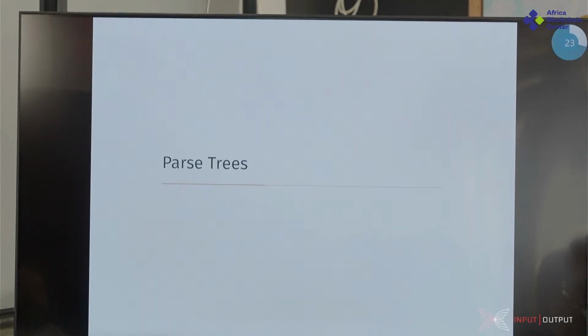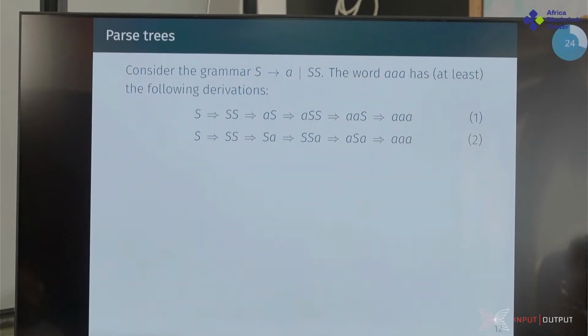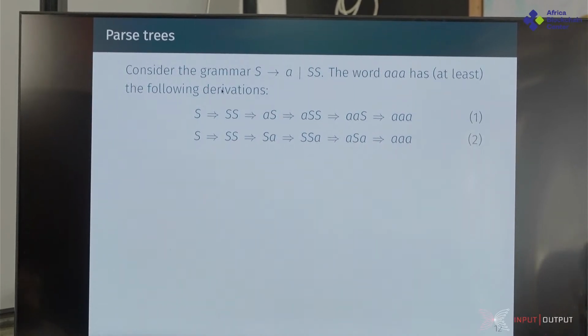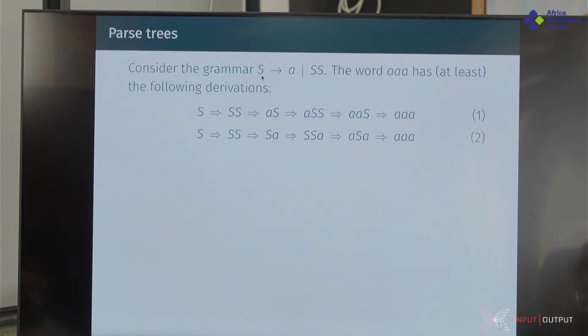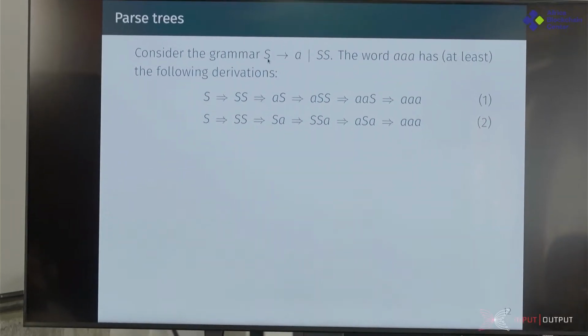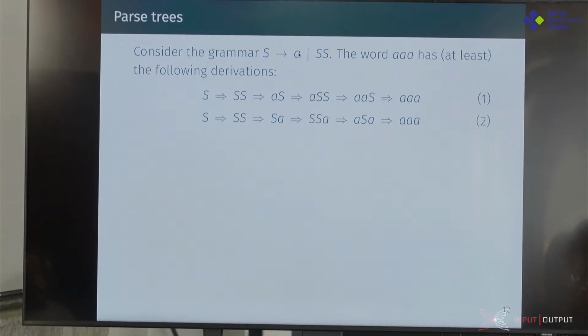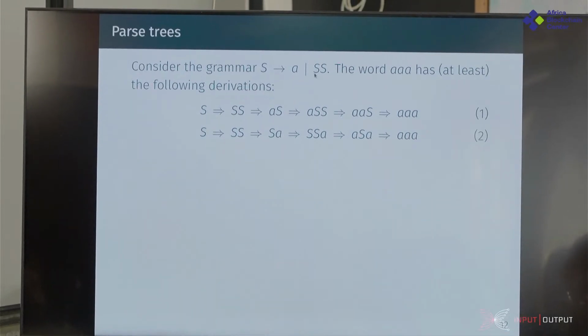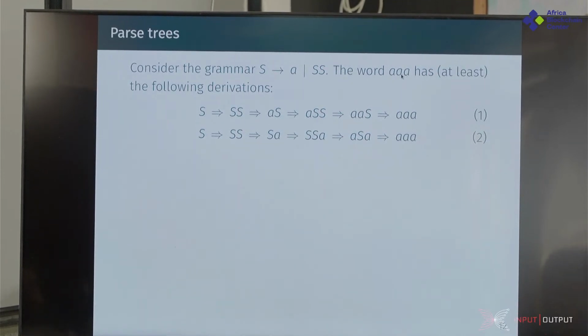Right. And first, briefly, let's talk about parse trees. So let's take this example grammar. The non-terminal is capital S, and S can either be a single letter A, or it can be two S's. Then if we look at this word AAA, there are at least the following derivations.